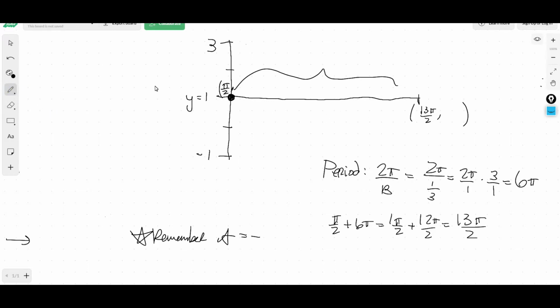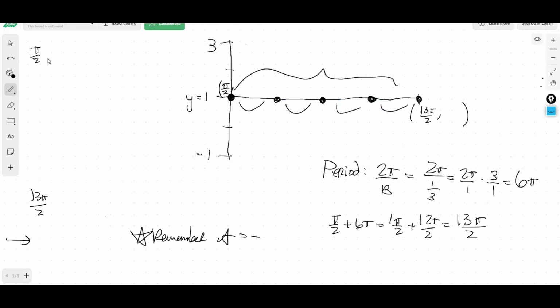So we have our starting point of pi over 2 and our ending point of 13 pi over 2. But if you'll remember, there are 5 points. There's that middle and these two in between the end points and the middle. So I need 4 equal segments. So segment 1, 2, 3, 4.